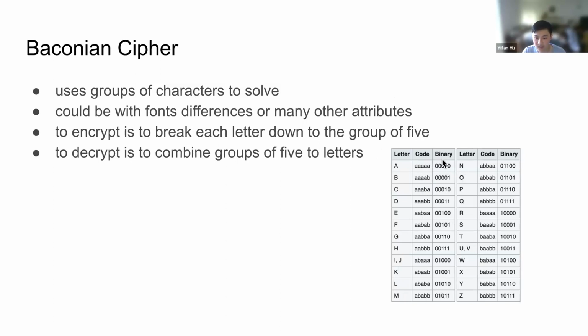But these zeros and ones can be represented any way. You could use fonts to show zeros and ones. Like if it's Arial, it'd be 0. If it's some other font like Comic Sans, it'll be a 1. Or it could be any other thing. So the hard part about a Baconian is finding what are zeros and what are ones.